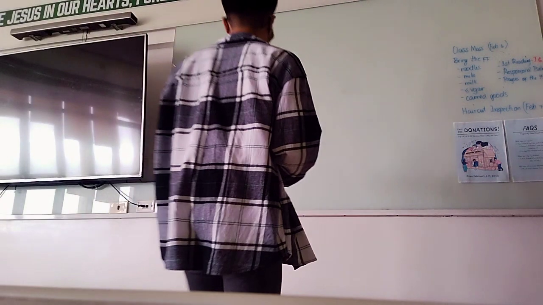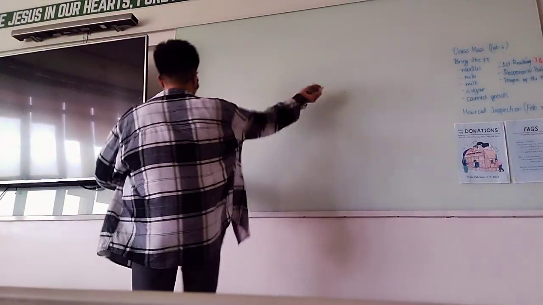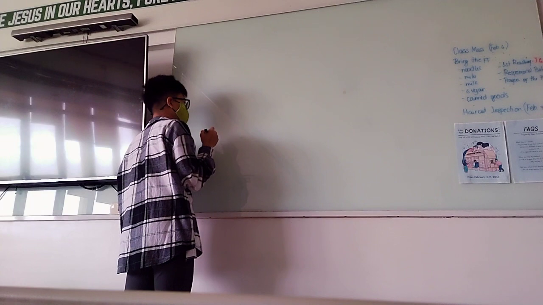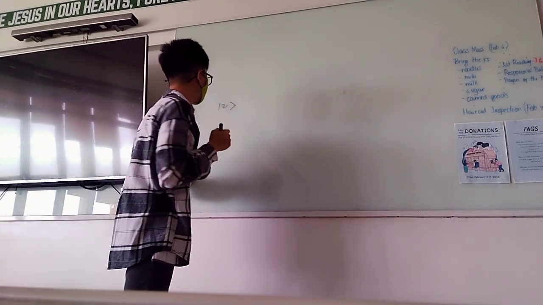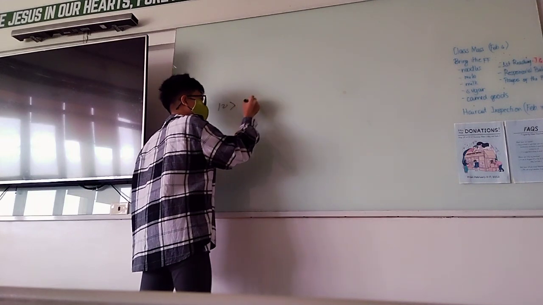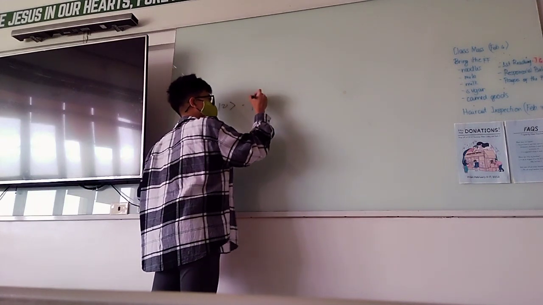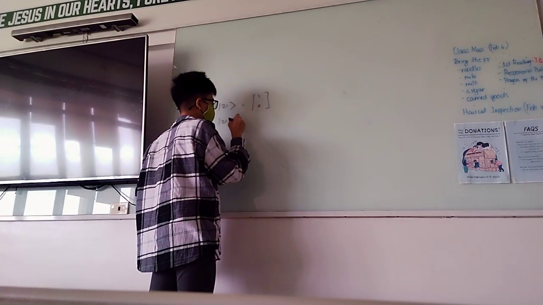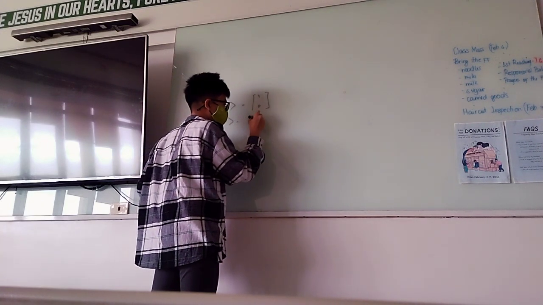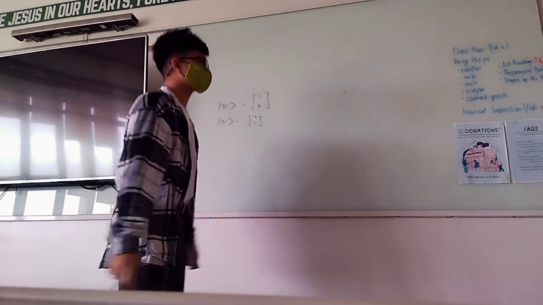Okay, so let's assume that the measurement of an effort can be expressed as a ket vector. It could be 1, 0, it could be 0, 1, or it could be some measure between those.